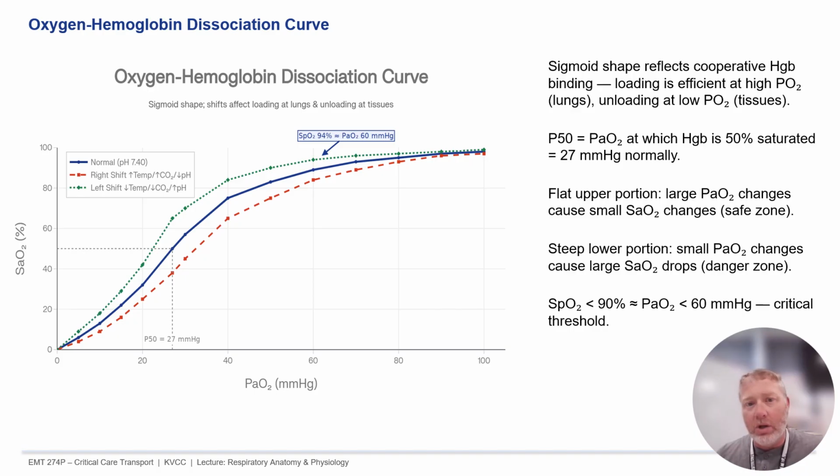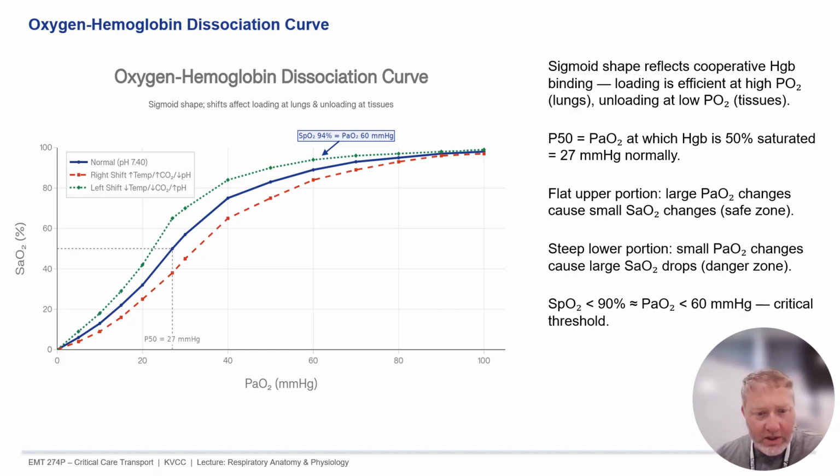And the steep lower portion of that curve is equally important. In the tissues, where the PaO2 is lower, small drops in partial pressure can cause large releases of oxygen to the cells that need it.